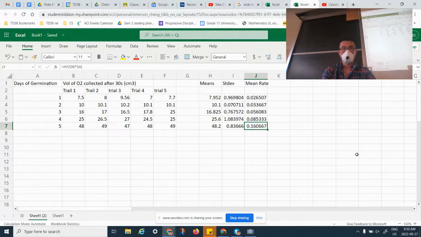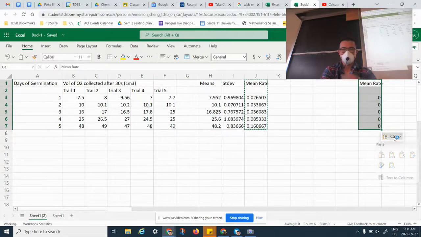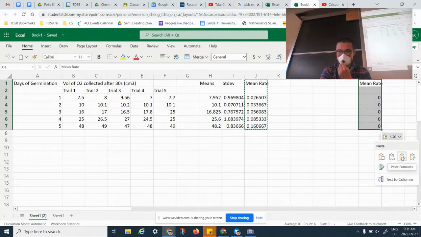Okay. And in terms of how to do it on a spreadsheet, this is how I normally would do it. I would copy the mean rate here. I'll put it as a separate column here. Copy, values only.